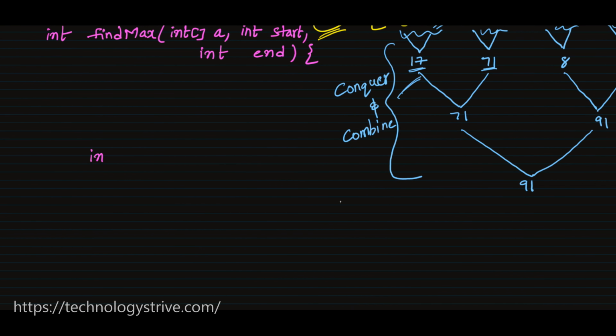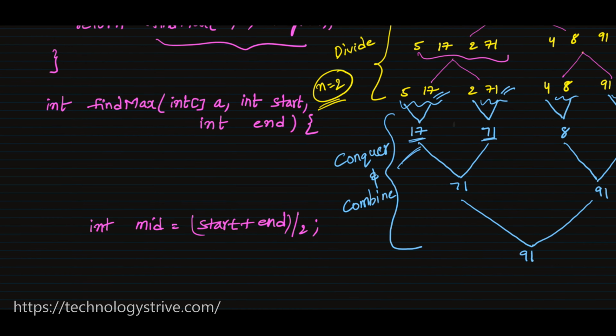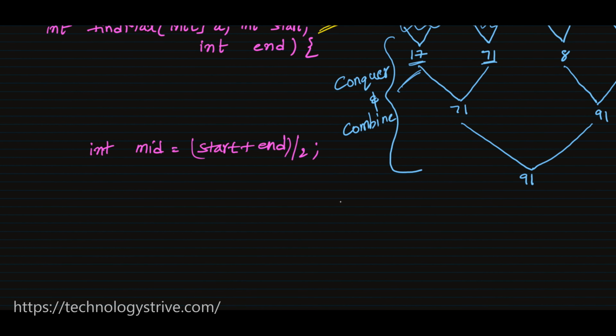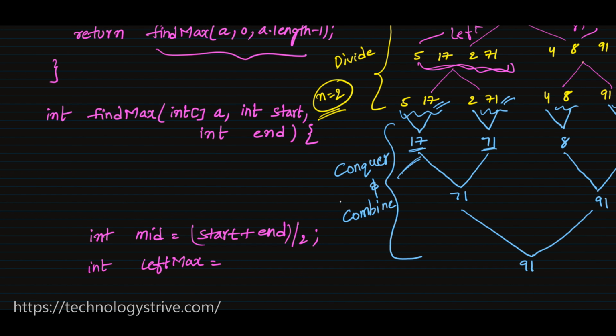So let's write int mid equal to start plus end divided by 2. Then what are we doing? We are trying to get the maximum element of this array and this array. Assume this is the left array and this is the right array. So int leftMax equal to, now we have to find the maximum element in this array.